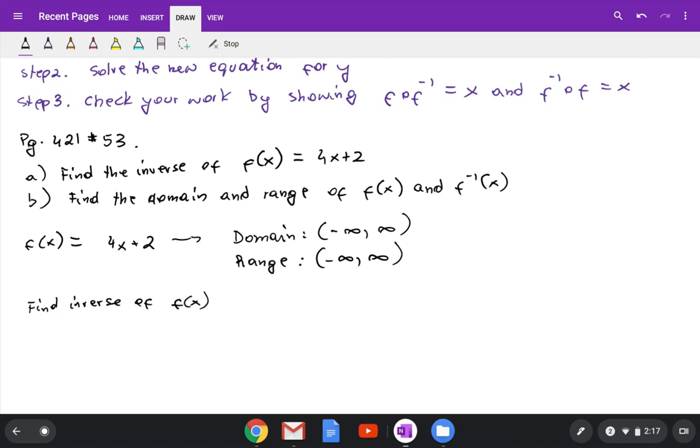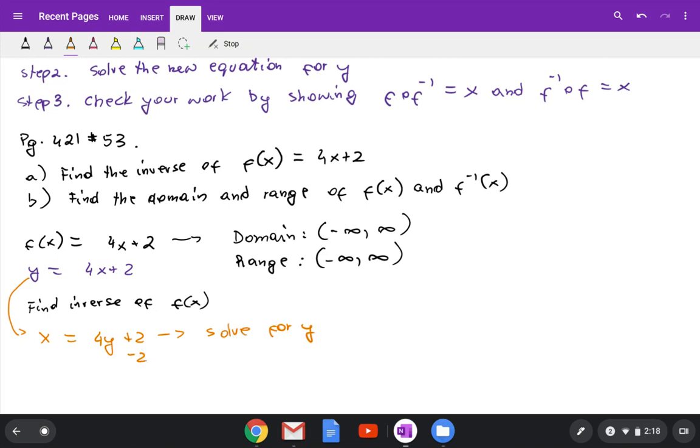So f of x technically is the same as y. So we have y equals 4x plus 2 as our original function. We're going to switch x with y. So what used to be y will become x, and what used to be x will become y. Okay. Now, when you switch, solve for y.